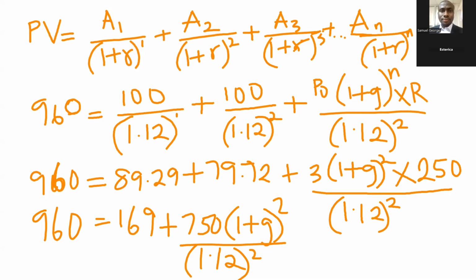Okay, so quickly go to the next slide. By the time I get to the next slide, I'm going to collect like terms. 169 will come to the other side.